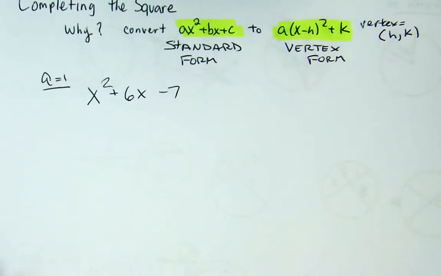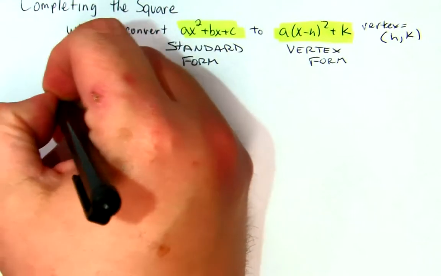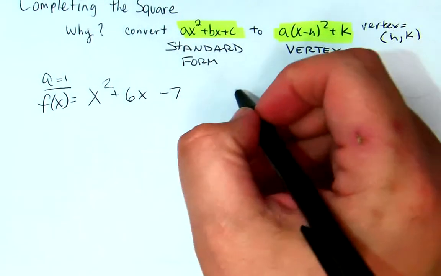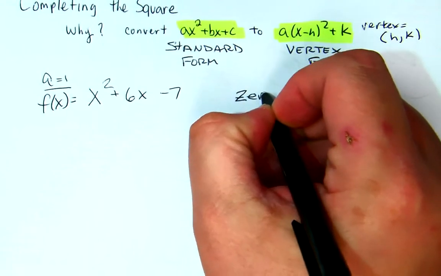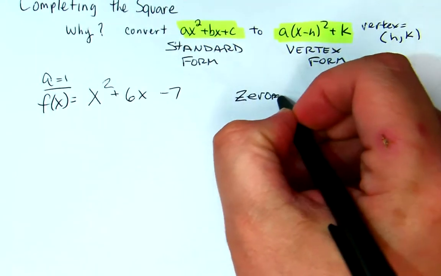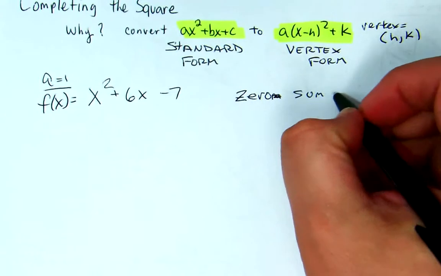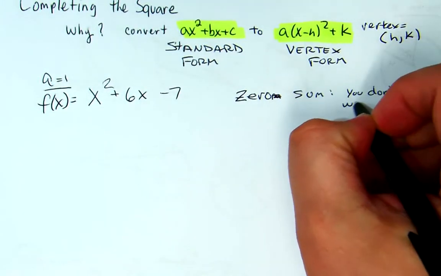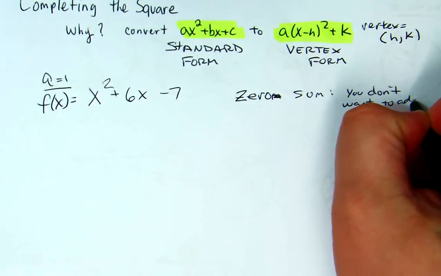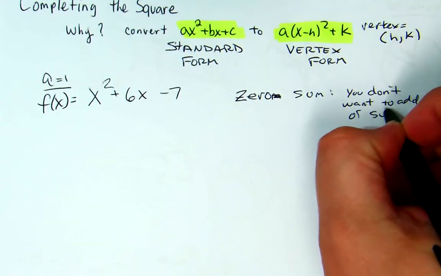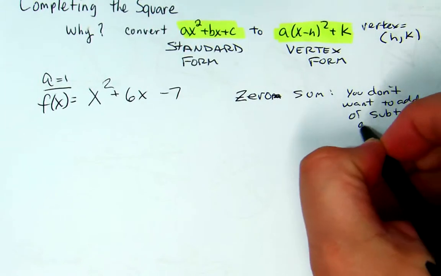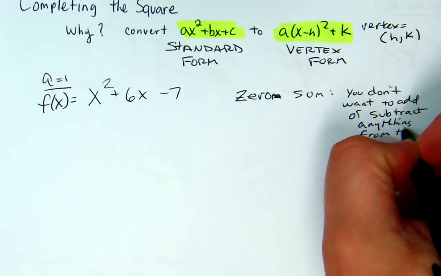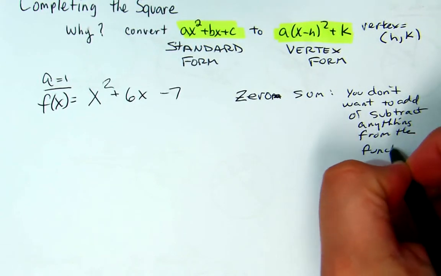Now, to complete the square, I'll put f of x there as well. What I've been telling all the students is you want to have a zero sum, meaning you don't want to add or subtract anything from the function itself.